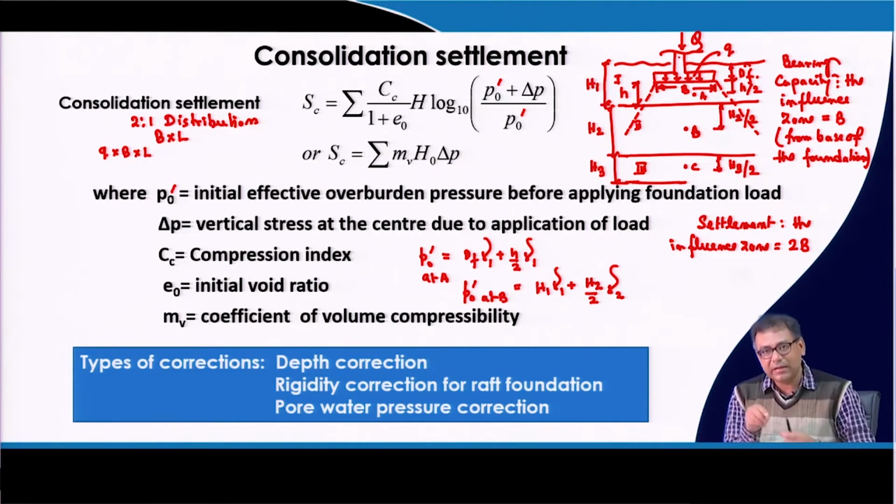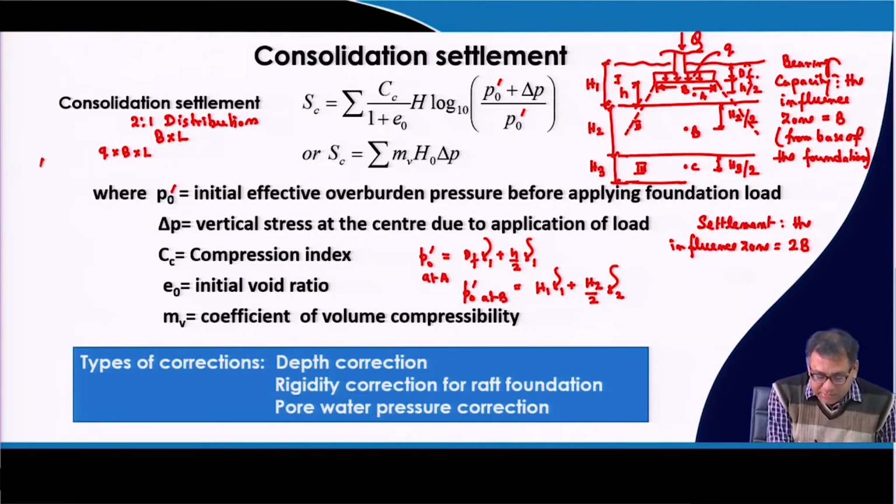So, as depth increases, the stresses due to external loading will decrease. So, del P is the additional stress, or the increment of stress, due to the application of external load. Now, how can I calculate del P? Del P at point B, say.